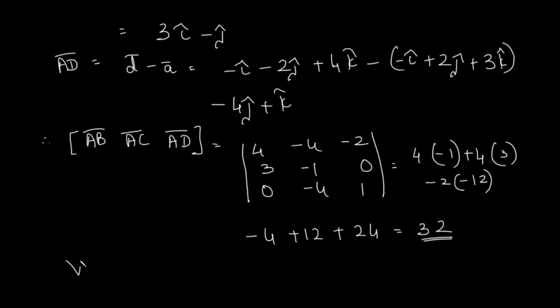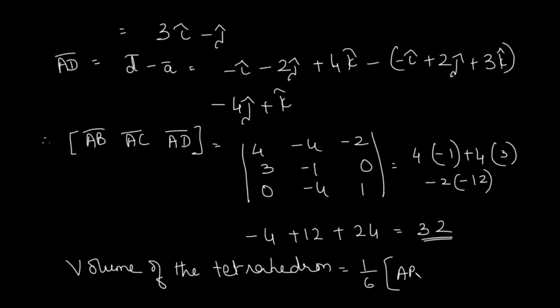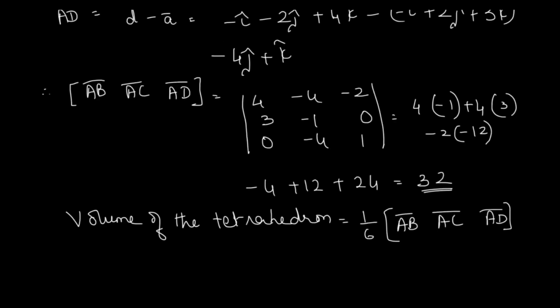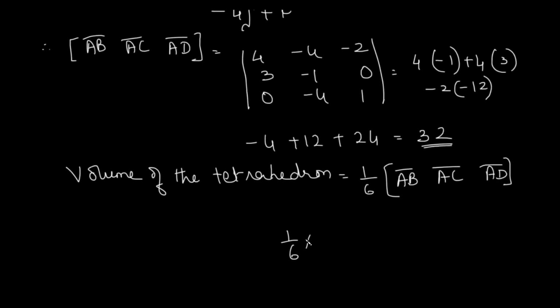The volume of the required tetrahedron is given as 1 upon 6 box of vectors AB, AC, AD, and thus this comes out as 1 upon 6 into 32, which is 16 upon 3 cubic units.